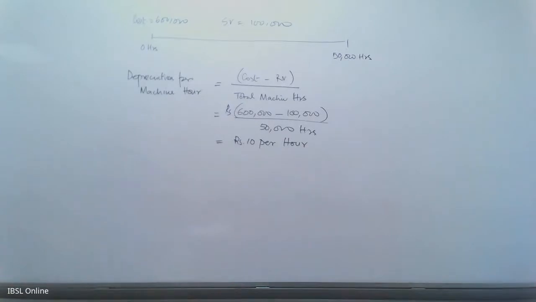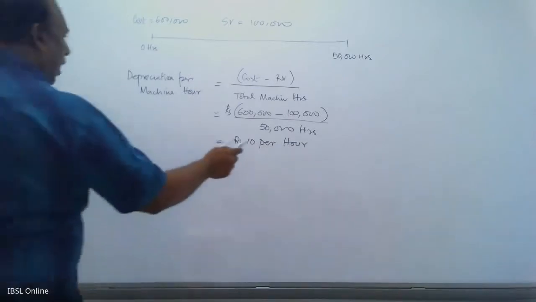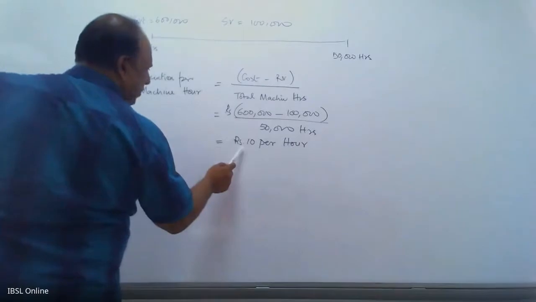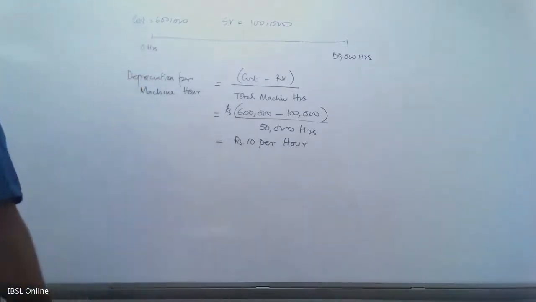Now earlier we had depreciation rate, useful life, all those, so we calculated some amount in depreciation. Now here it is not the case. Here for the usage only you are going to depreciate. So when you use it for 1 hour, you have to allocate depreciation of 10 rupees. If you use it for 2 hours, 20 rupees. 3 hours, 30 rupees. So what does that mean?